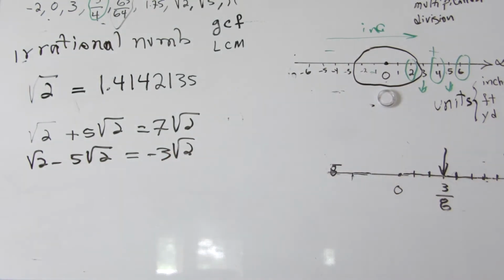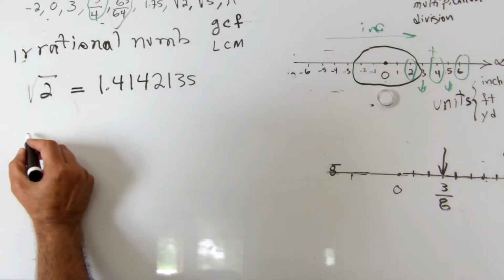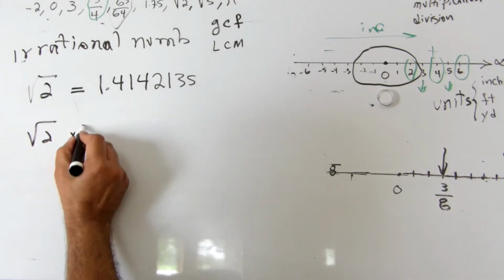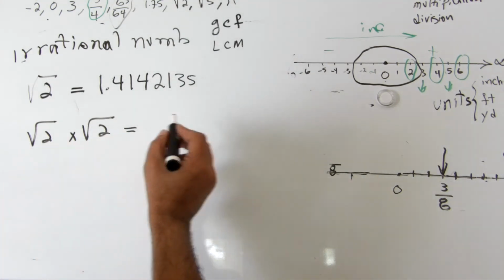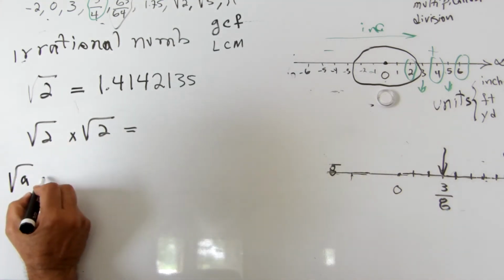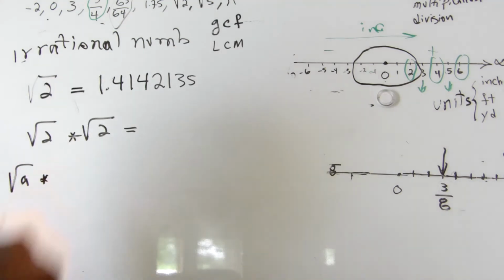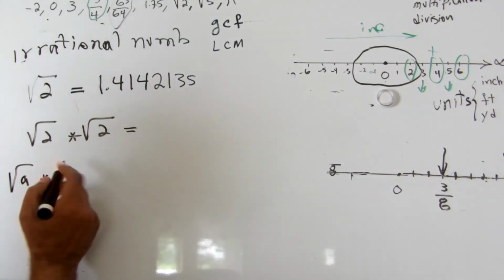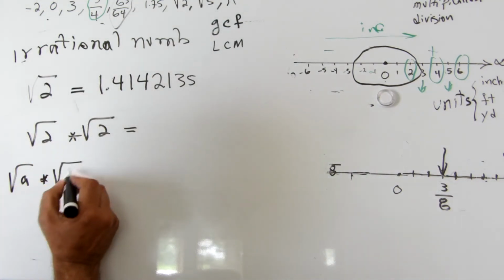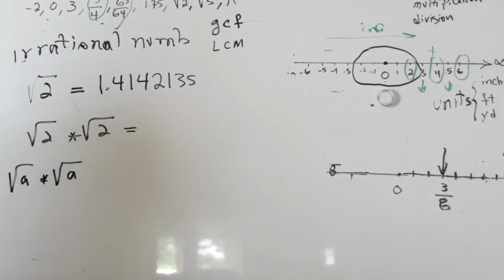Okay, now we talk about multiplication. What's going to be radical 2 times radical 2? When you have multiplication, you can use the general rule. If radical a, you look at the index, and then times radical, the index is the same, which is 2, the square root of a.